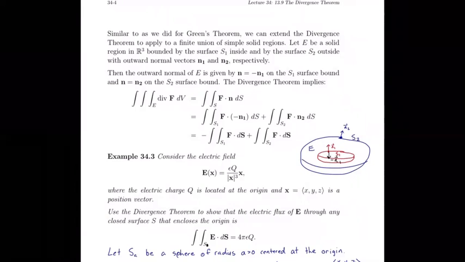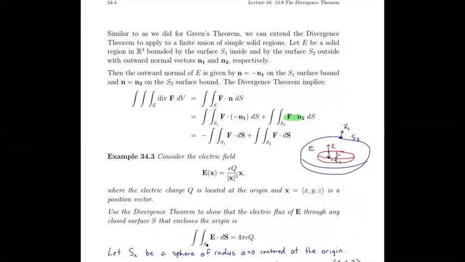Now that, of course, S is the union of S1 and S2, because there are 2 different boundaries for this solid region E. So we split up that union of boundaries as the double integral over S1 and the double integral over S2. Of course, N is now negative n1 for S1, so we have the correct orientation and the positive orientation of our normal vector from our solid.